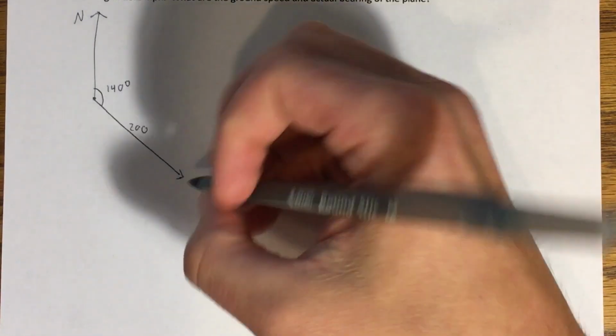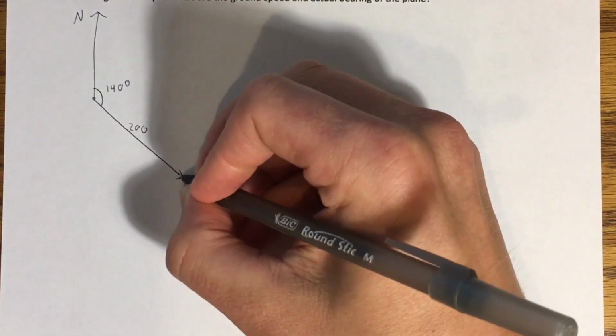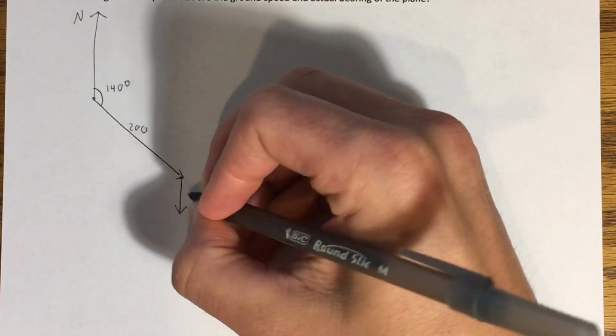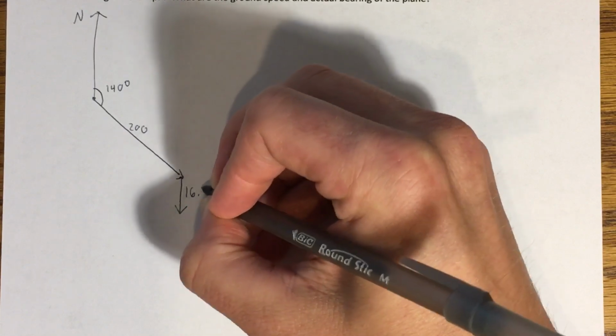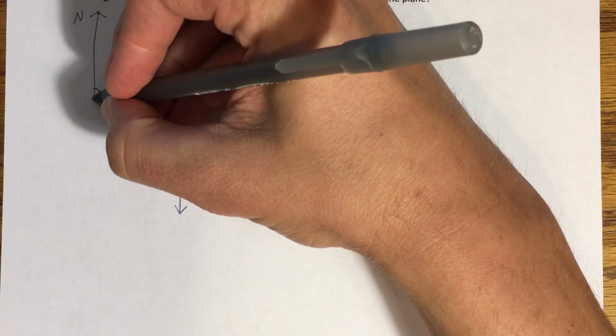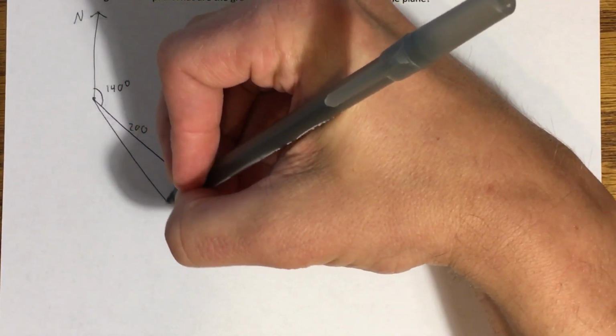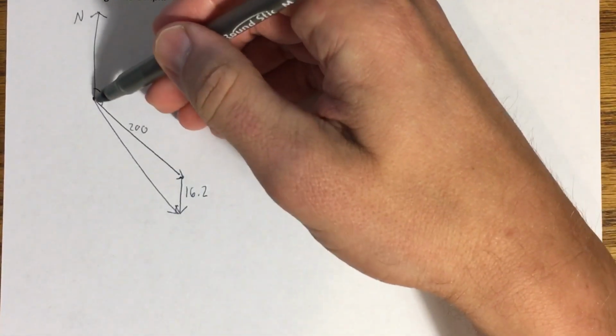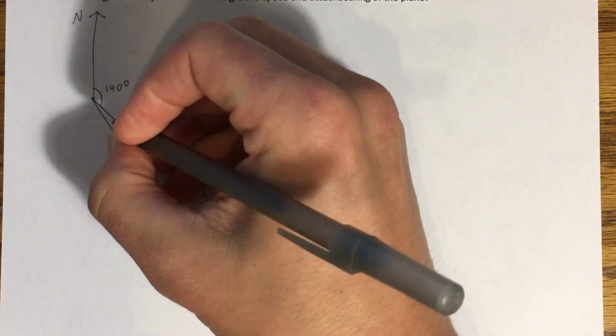That means I want to add these two arrows. So the second arrow, 16.2, is acting south. Okay? And that would be the resultant right there. This is the trajectory of the plane in the absence of wind. With the wind, it's actually going to move it off course this direction.